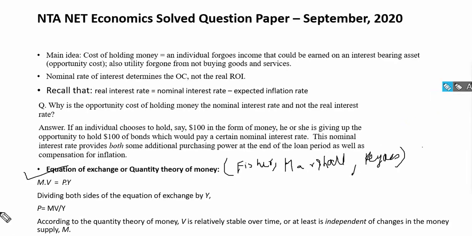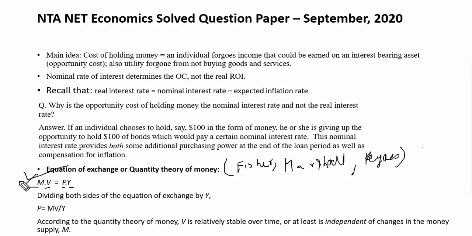The main equation is MV = PY. Here M is the quantity of money, P is the price level, Y is the total output, and V is the velocity of money, that is, how much money is being circulated.